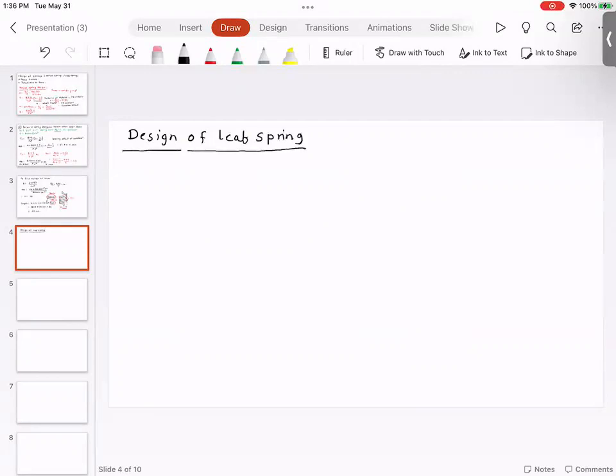So, leaf springs are designed on the basis of bending. So, what is the simplest leaf spring?